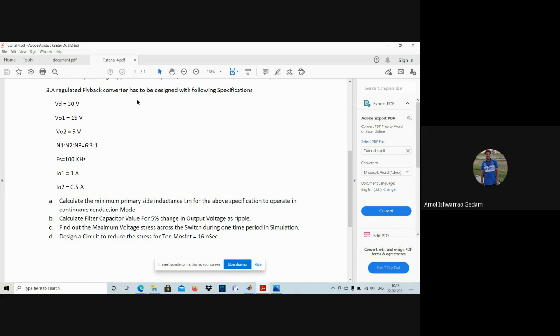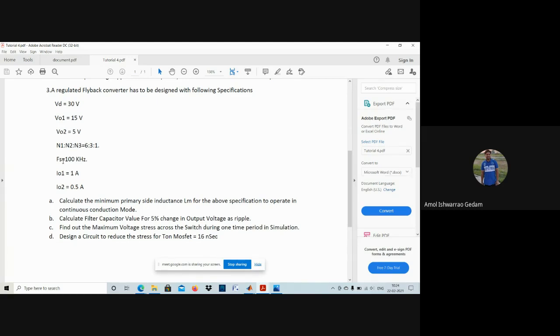A regulated flyback converter has to be designed with the following specification. VD is equal to 30 volt. We have to keep 2 windings at the output. One of 15 volt output, and second of 5 volt output. Turns ratio from primary to secondary winding is 6 to 3, and from primary to tertiary winding it is 6 to 1.